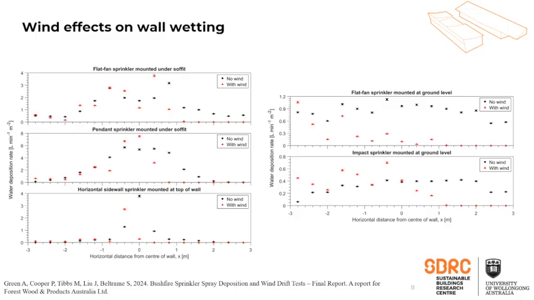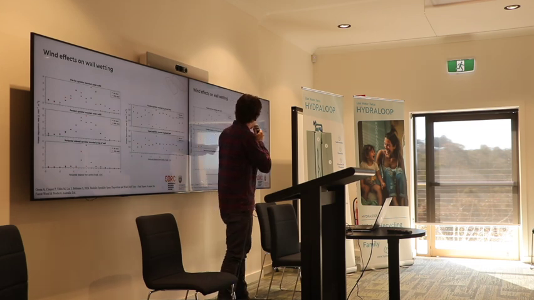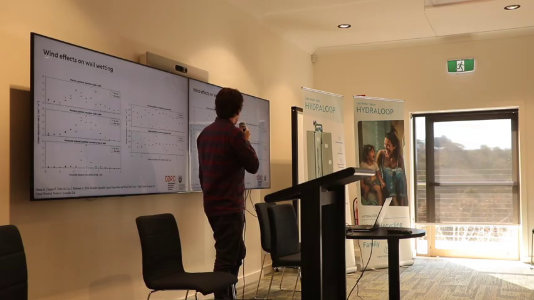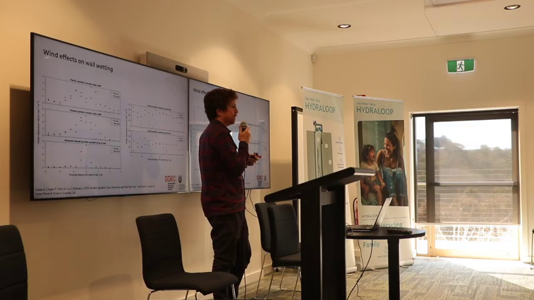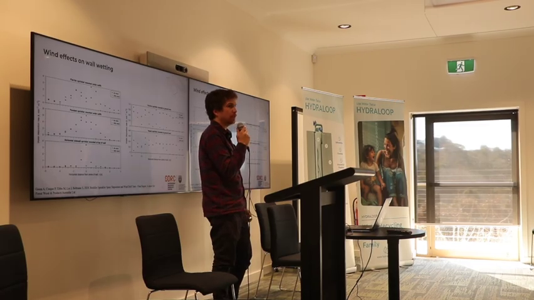So I guess the main thing we're showing here is that for some systems you get a similar kind of spray pattern between black and red, but for other types of systems, and especially these 2 systems where you've got nozzles mounted 2 or 3 metres away from the wall spraying up towards the wall through the wind, you get really big effects from the wind. So it's showing that, as we suspected, and as simulations have been showing, if you put the sprinklers close to the target surface, spraying over a short range, that's probably the most effective approach.